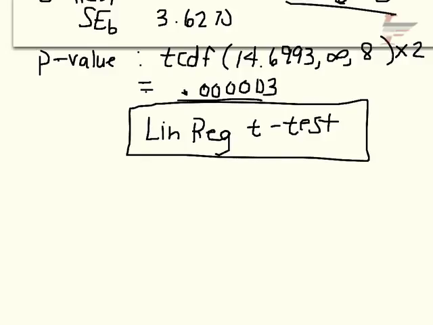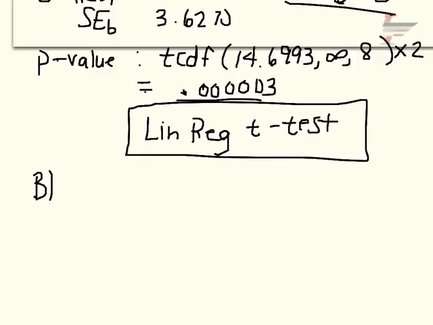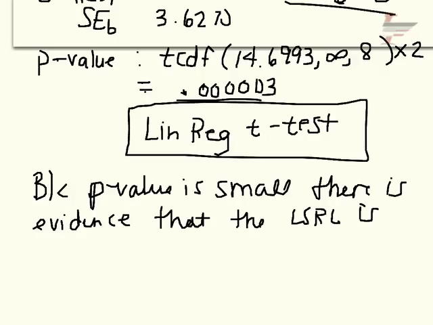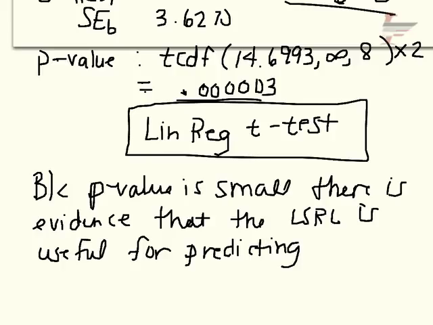Then finally I can state my conclusion. Because my p-value is very small, less than any significance level, there is sufficient, strong evidence that the least squares regression line is useful for predicting force based on tractor speed.